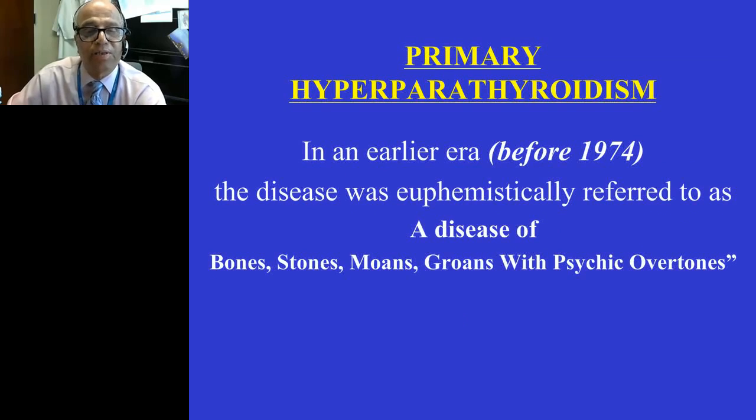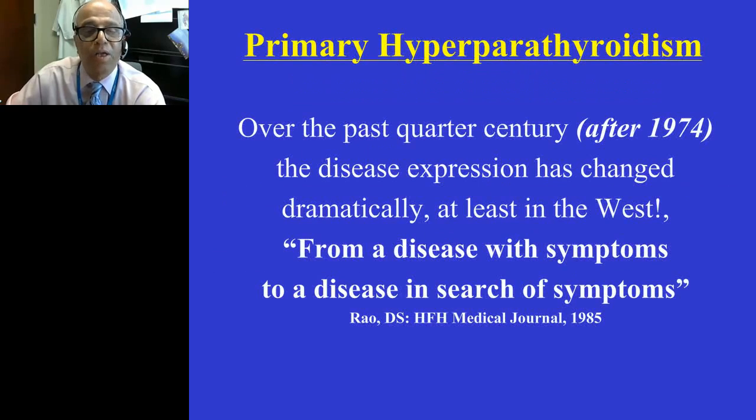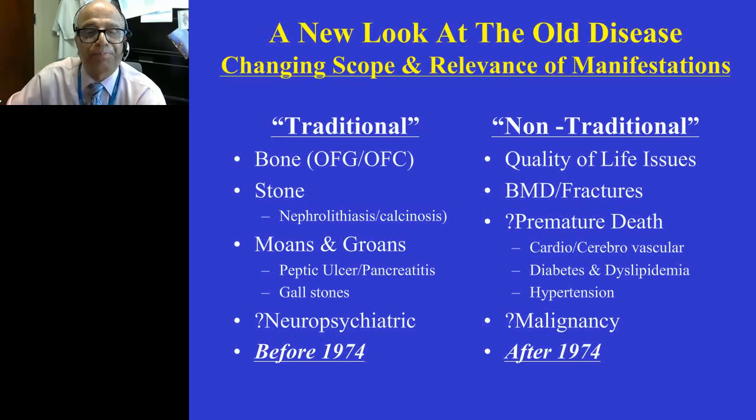In an earlier era, the disease was euphemistically referred to as a disease of stones, moans, groans, and with psychic overtones. But over the past quarter century, it has changed from a disease with symptoms to a disease in search of symptoms. Therefore, the guidelines for asymptomatic hyperparathyroidism, how to manage them, and who gets surgery, were developed.